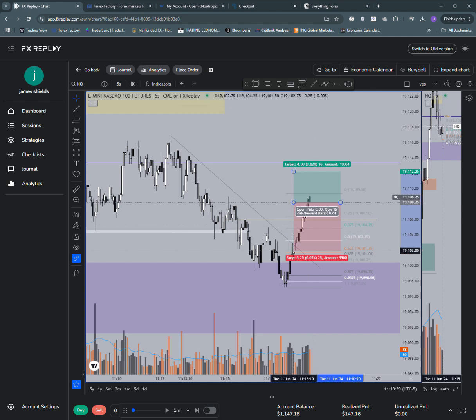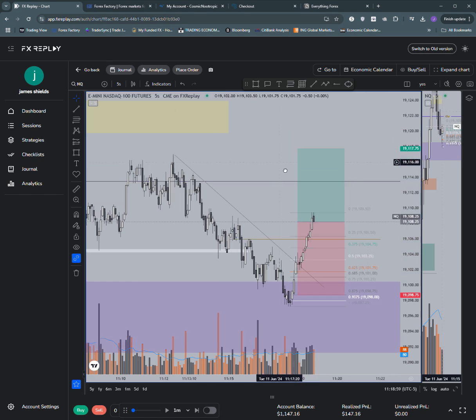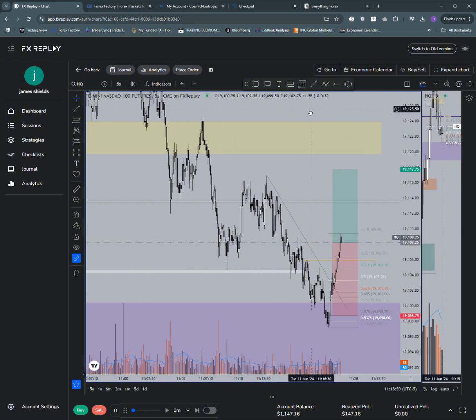Buy now, risk 25 pips. Or do we put it here? For 1-to-1. And we could aim for up here.